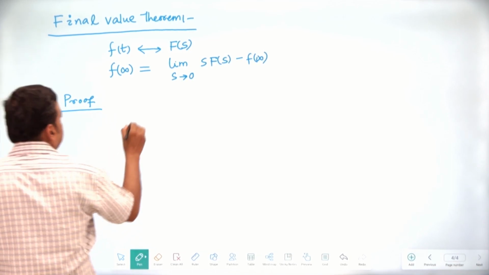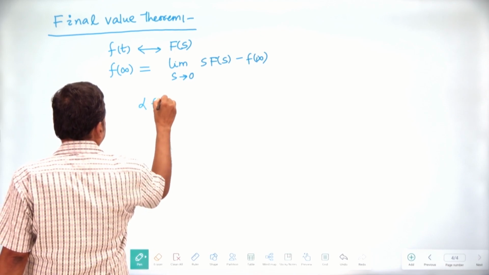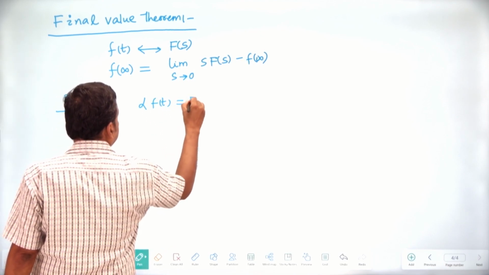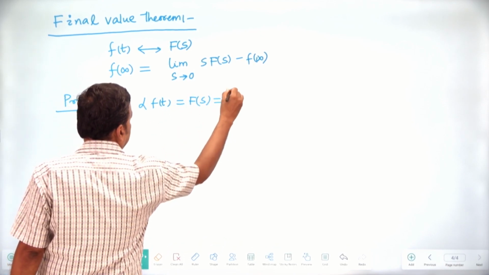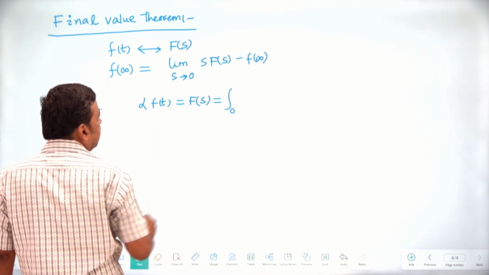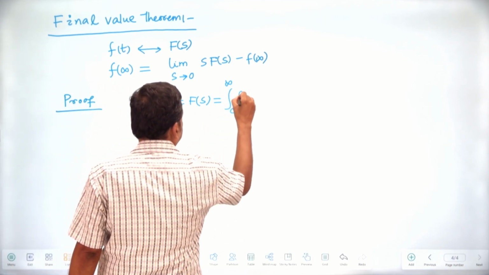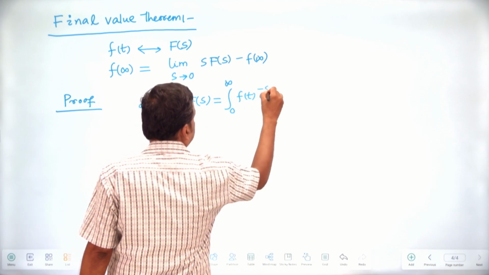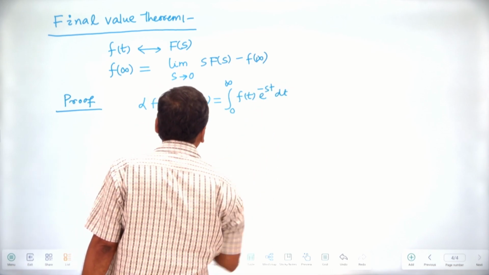If the Laplace transform of f(t) is F(s), the standard formula of the Laplace transform is the integral from 0 to infinity of f(t) e to the power minus st dt.